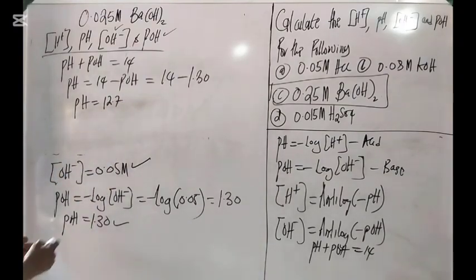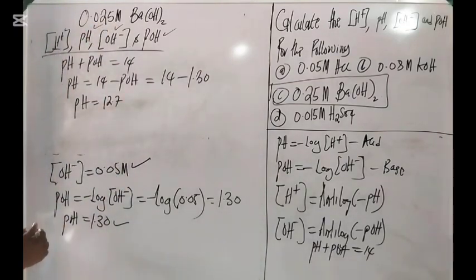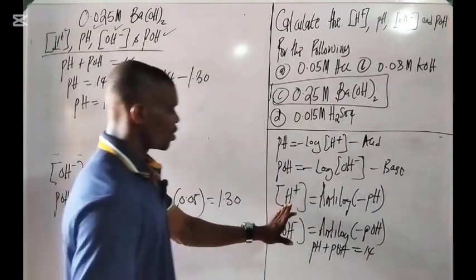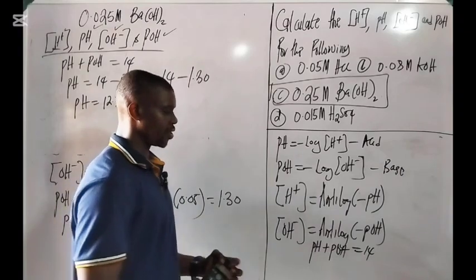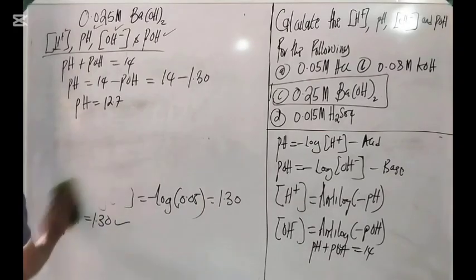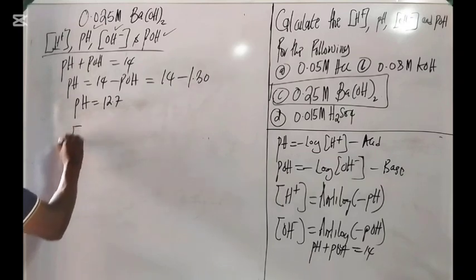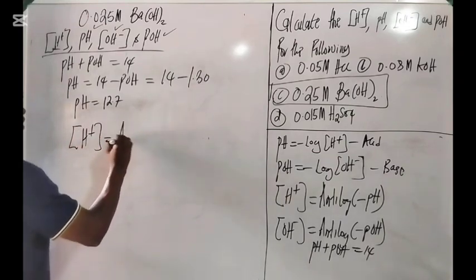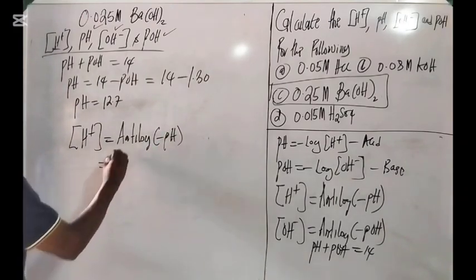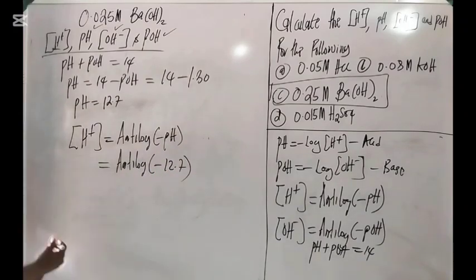Hope you understand. So we have gotten 1, 2, and 3. What is next? The concentration of H plus. How do you calculate it here? We use concentration of H plus equals antilog minus pH, right? So concentration of H plus equals antilog minus 12.7.